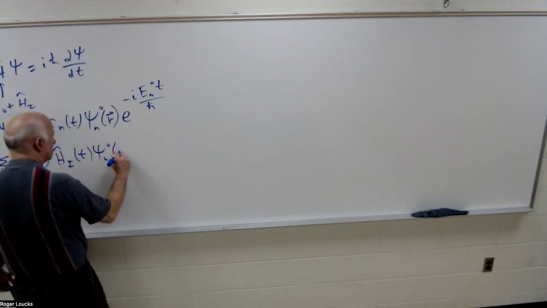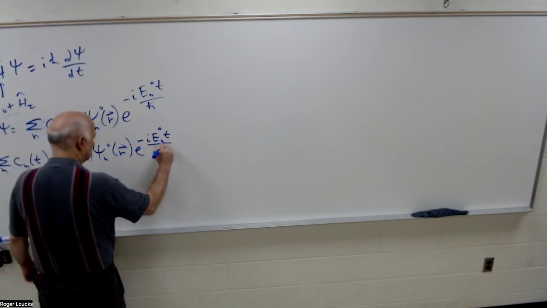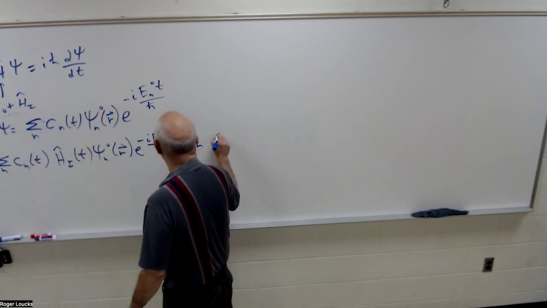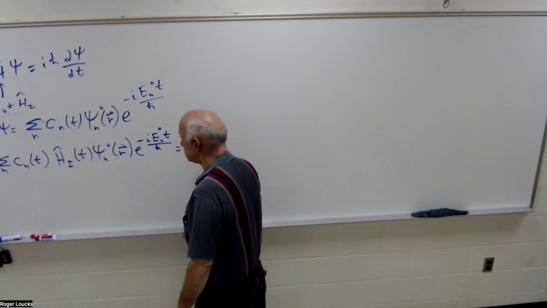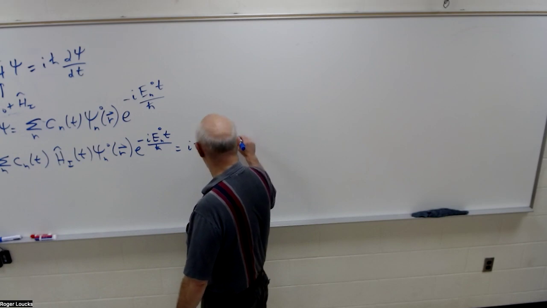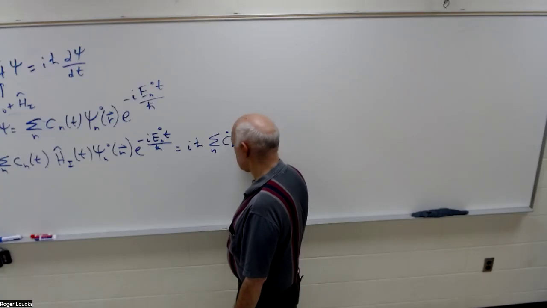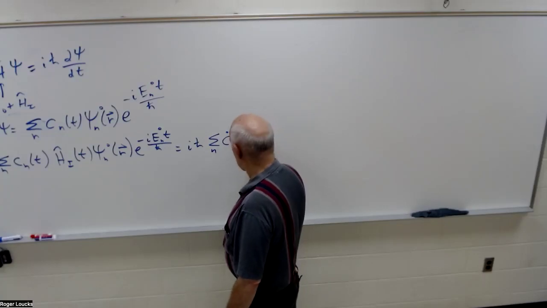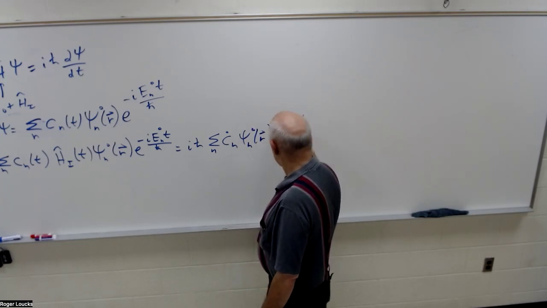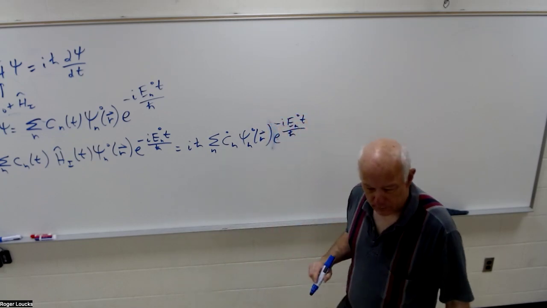Psi 0 e to the minus i E naught t over h bar equals i h bar sum over n of Cn dot. Is that what we had?